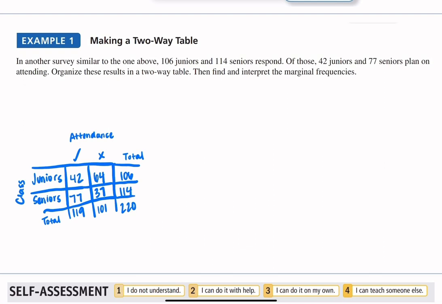Okay, so this is my two-way table. My marginal frequencies are these numbers on the outside. So I'll use a different color to show that. This marginal frequency goes with my juniors, so this means that 106 juniors responded.